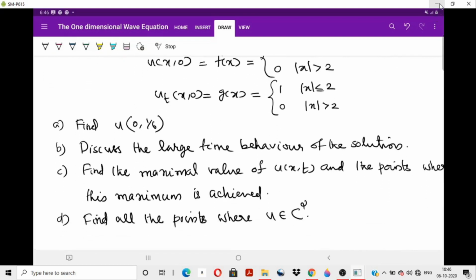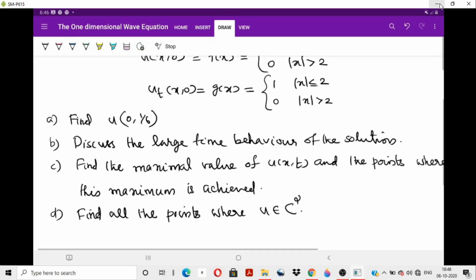Then the first part is to find u at (0, 1/6). That is, when x equals 0 and t equals 1/6, we have to find the corresponding value of u. The second problem is to discuss the large time behavior of the solution.